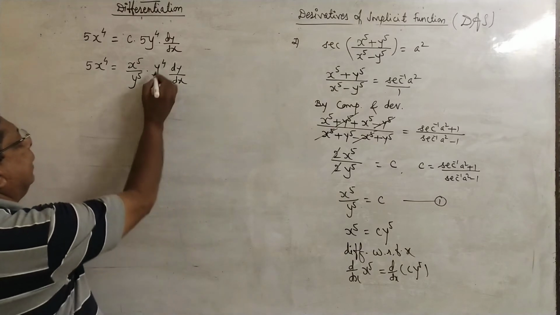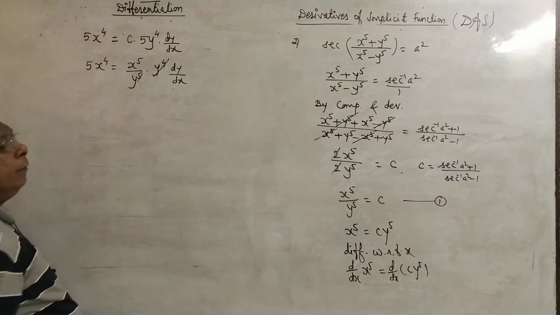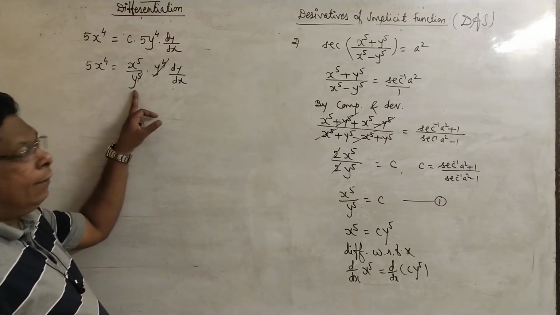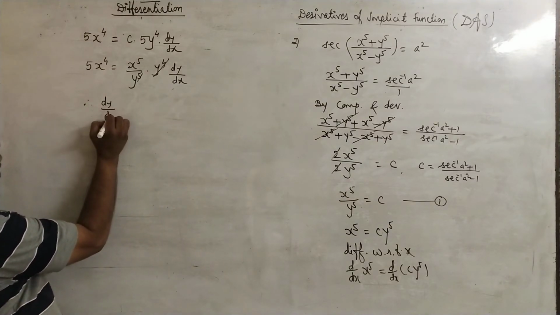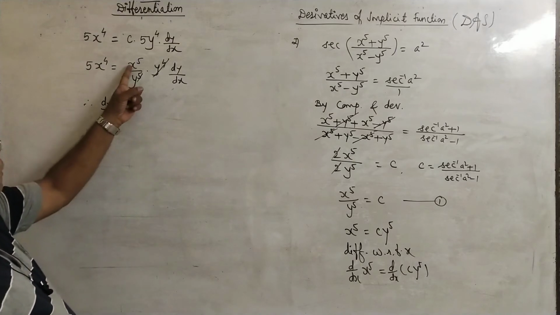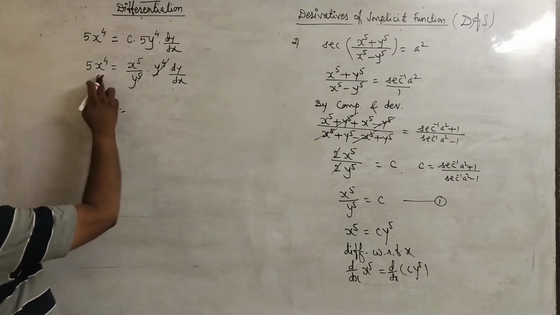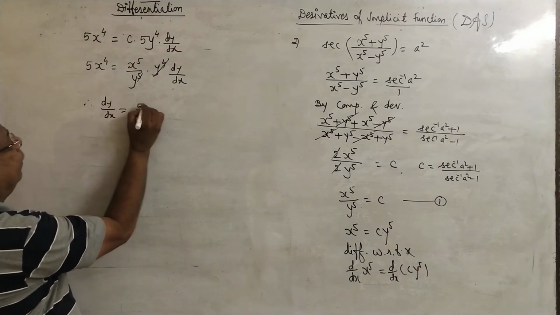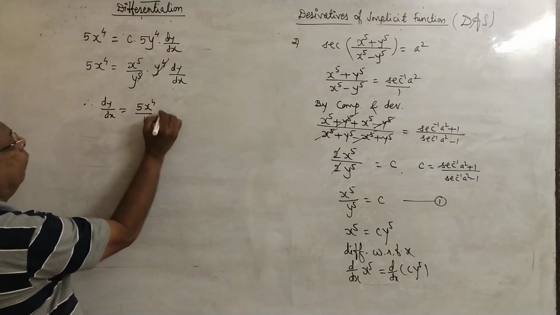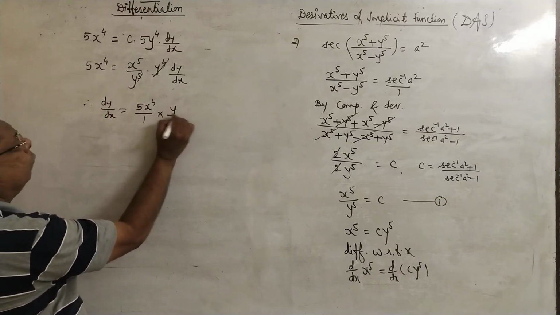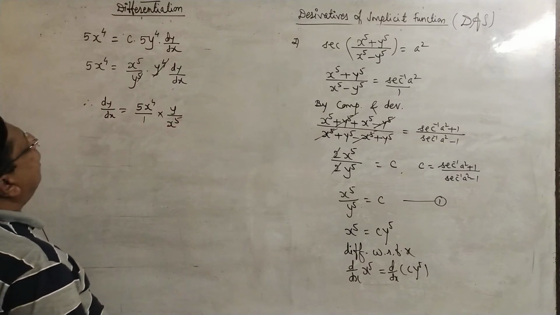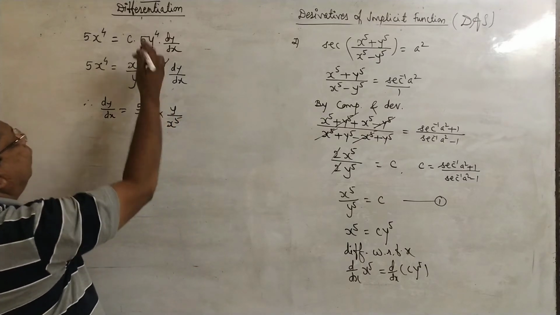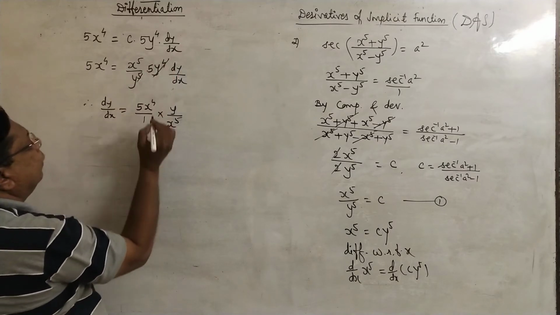Now here on the right hand side y raised to 4 gets cancelled, one y is left. Therefore the required dy by dx is equal to, take this term to the right hand side, so it becomes 5x raised to 4 upon 1 into this term becomes y upon x raised to 5. Now here 5y raised to 4, 5 is remaining, so write down 5y.